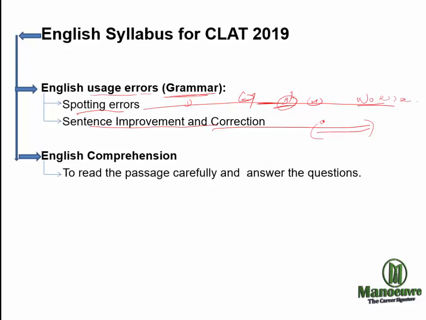Now, the error is in "or Bhutan does," because we all know the mandatory pair with neither is nor. So what will be the answer? "Nor does Bhutan." The sentence will form as: neither Nepal requires the Indian citizens obtain passports to enter the country, nor does Bhutan. So there is an error over here and you have to improve that sentence.